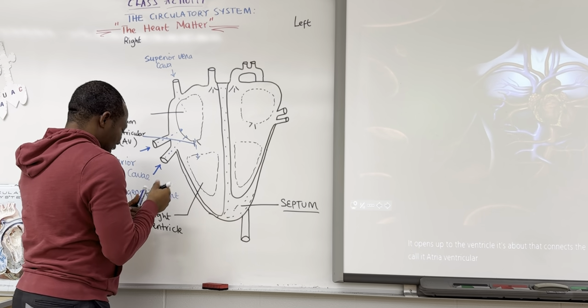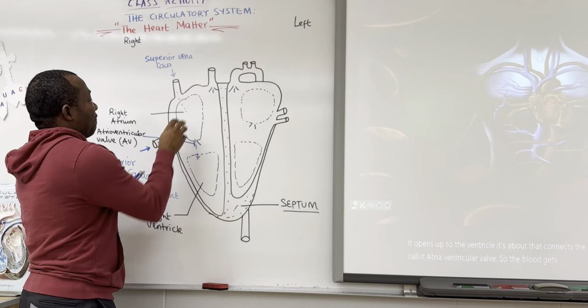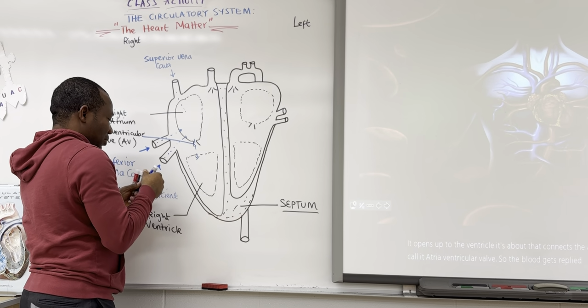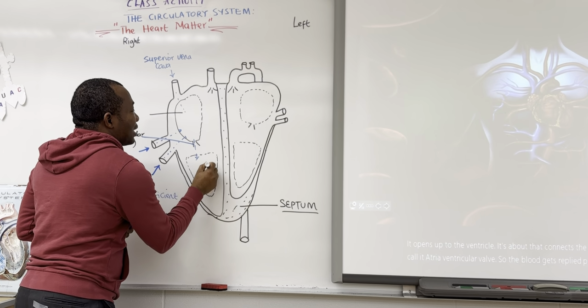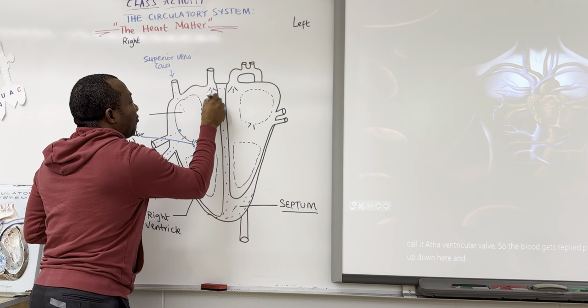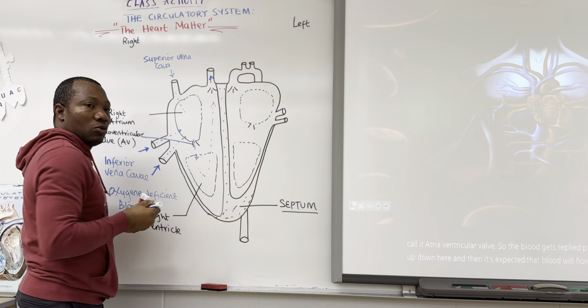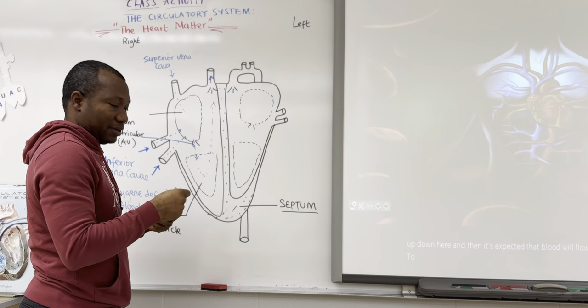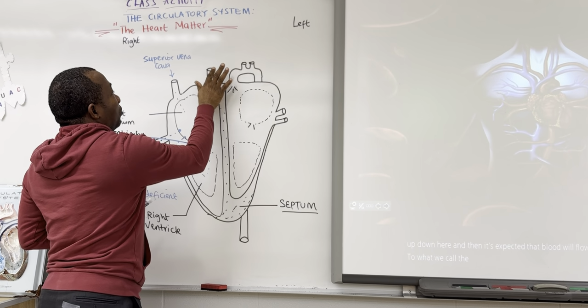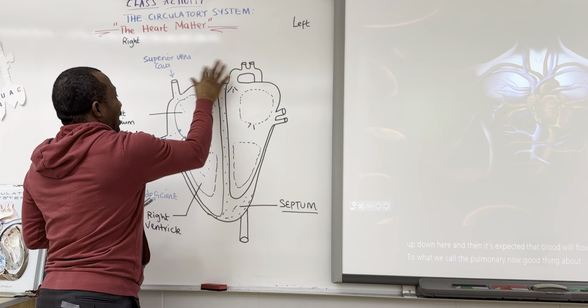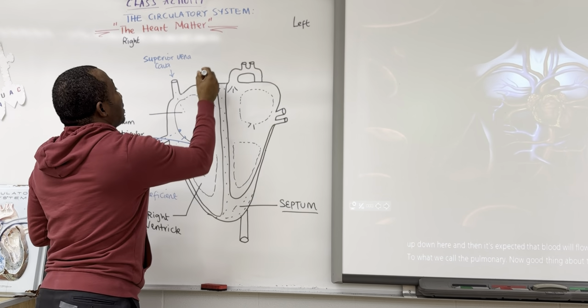So the blood gets supplied. Fill up here, the pressure opens up down here, and then it's expected that blood will flow out. So the blood flows out to what we call the pulmonary. Now, good thing about this pulmonary is that I might decide to extend it up here and draw it this way.